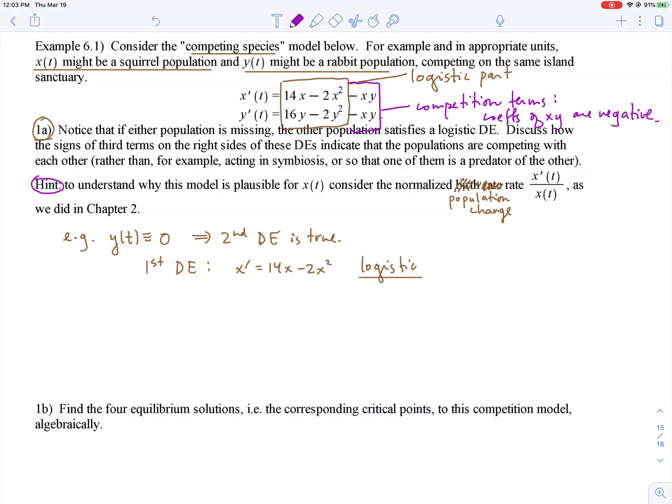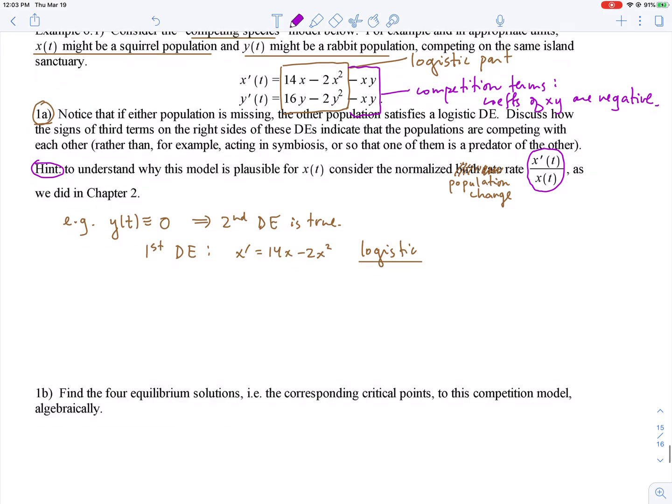So let's study x prime of t over x of t, which is the normalized population change rate per population. So animals per year per animal, right? So maybe the population is increasing by 1 squirrel per year per squirrel.